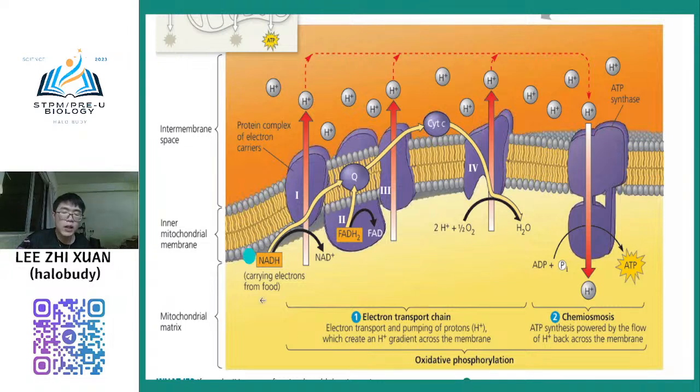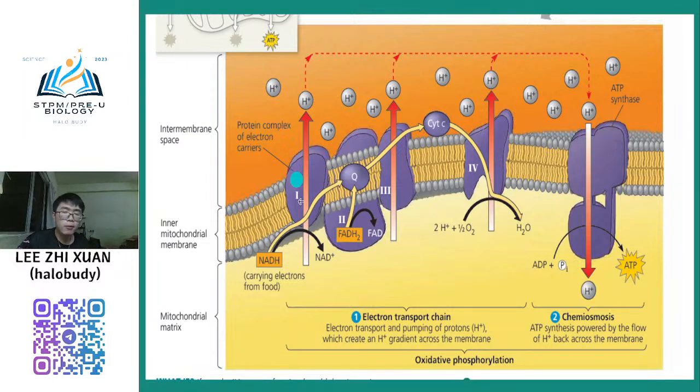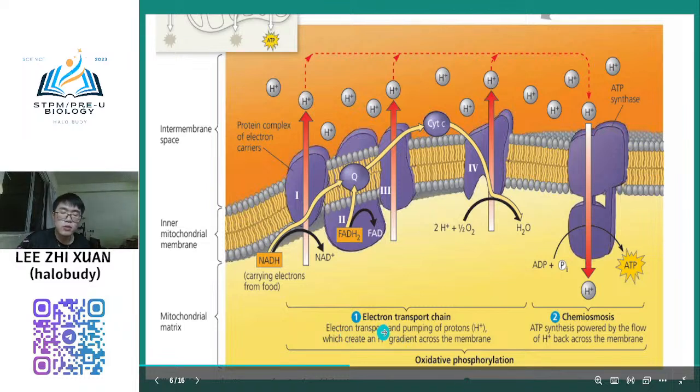The hydrogen ions within the mitochondrial matrix will be pumped out toward the intermembrane space. Kenapa dia pump out? Kerana dia ada oxidation reduction reaction. So this is one kind of active transport process, because the mitochondrial matrix has a low hydrogen ion concentration. So you see here, electron transport and pumping of protons, hydrogen ions, will create a hydrogen ion gradient across the membrane.